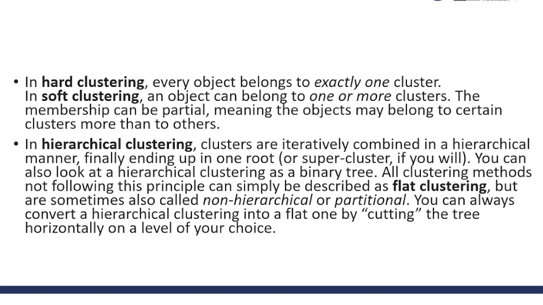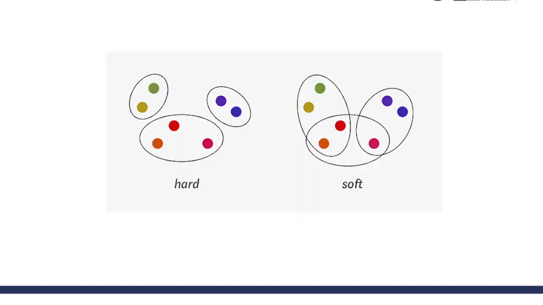If this method is not followed, then it is flat clustering, sometimes also called non-hierarchical or partitional methods. Any hierarchical clustering can be converted to a flat clustering method by cutting the tree horizontally at the level of choice.